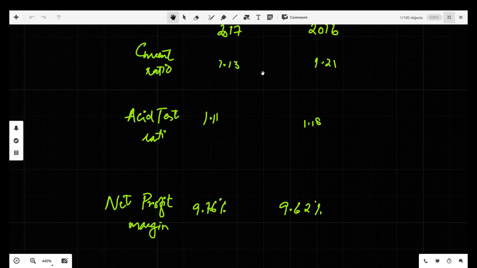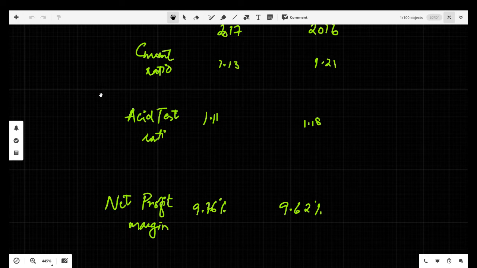The acid test ratio for many businesses is less than 1, because you've deducted the inventories. So it varies from business to business. But after this, we have to compare it with the industry norm. What if the industry norm is around 1.5? Or what if the industry norm of the acid test ratio is around 0.9?